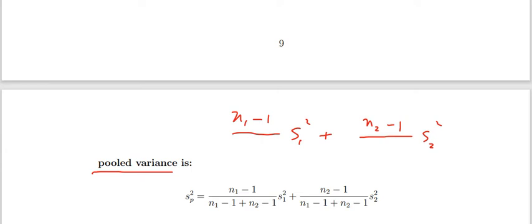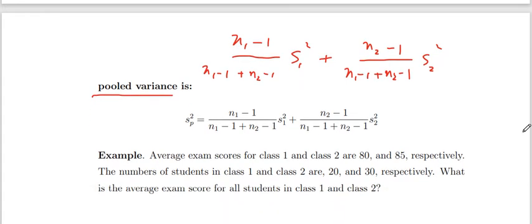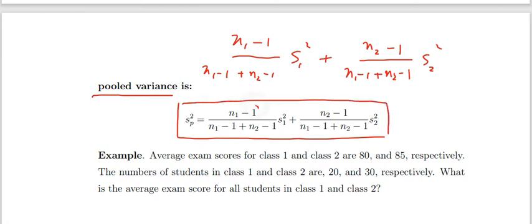So the total degree of freedom is n1 minus 1 plus n2 minus 1, right? So we have this formula for the pooled variance. This formula looks complicated, but once we understand it, it is easy. We just weight on their degrees of freedom, n1 minus 1 and n2 minus 1.